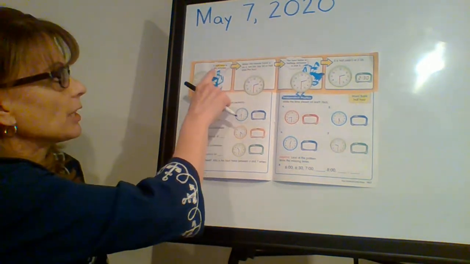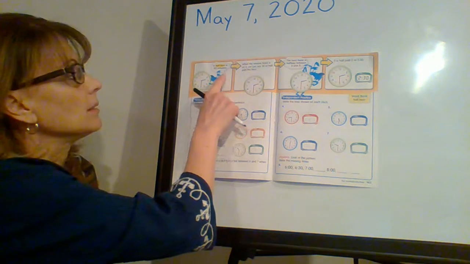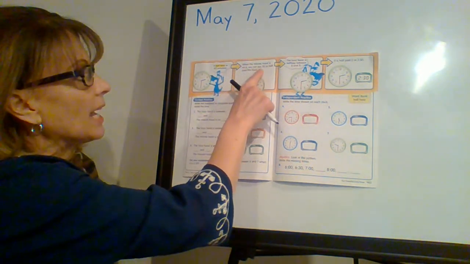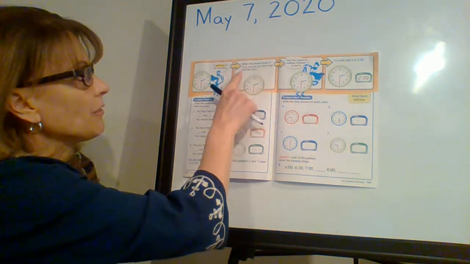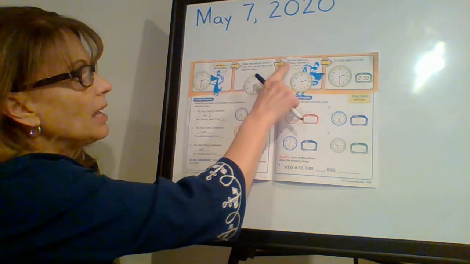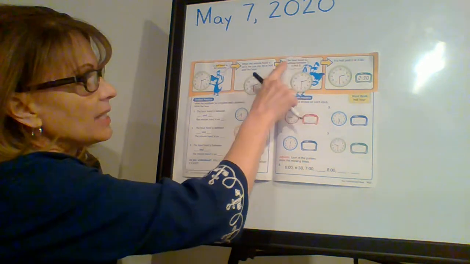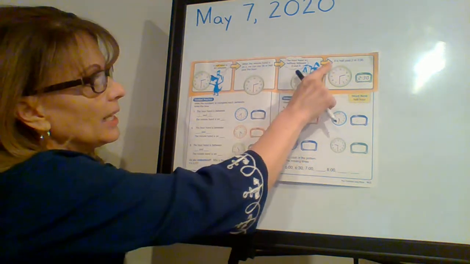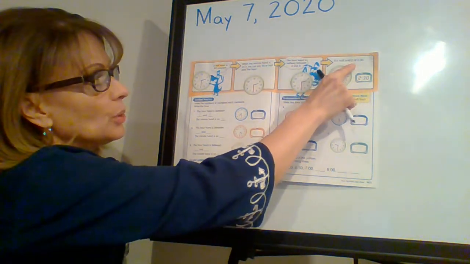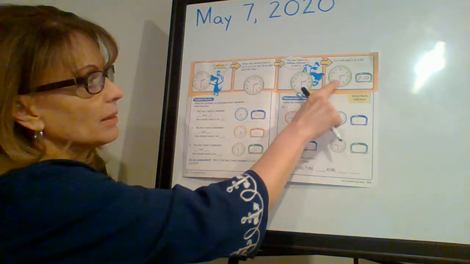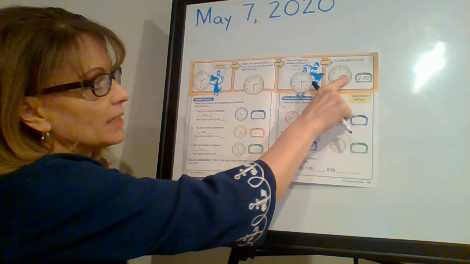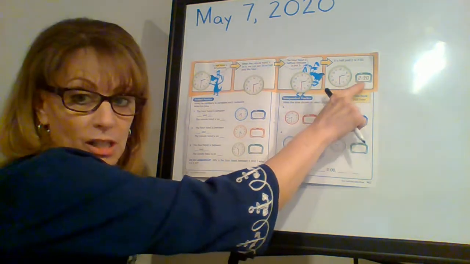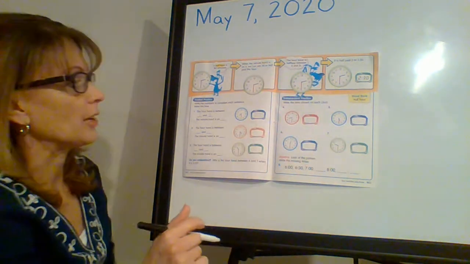A half hour is 30 minutes. When the minute hand is on 6, we can say 30 or half past the hour. The hour hand is halfway between 2 and 3. You can see that. It is half past 2 or 2:30. And you can see the hour hand is between the 2 and the 3. The minute hand is right on the 6. And our digital clock shows us 2:30. Okay?